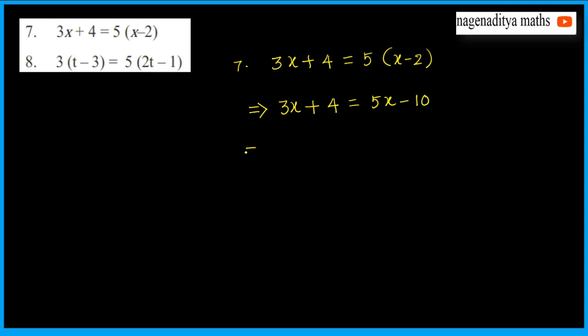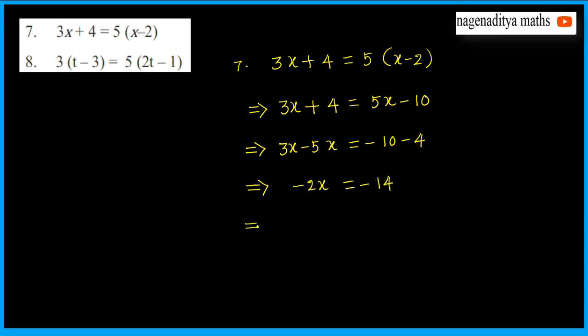So this implies, writing the x terms on same side, we get 3x minus 5x is equal to minus 10 minus 4. So this implies 3x minus 5x, that is minus 2x. So minus 2x is equal to minus 14.